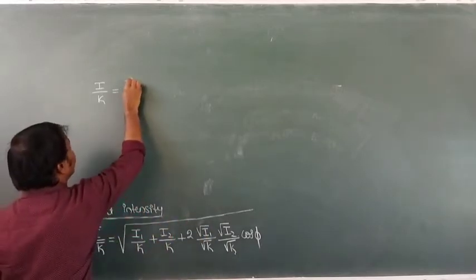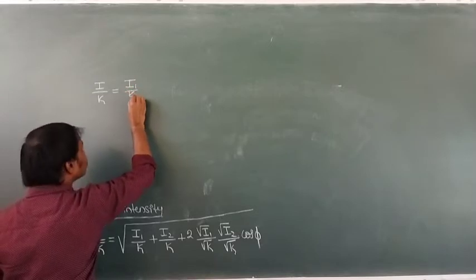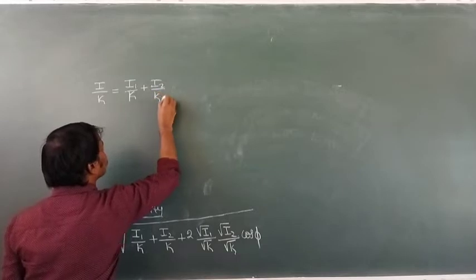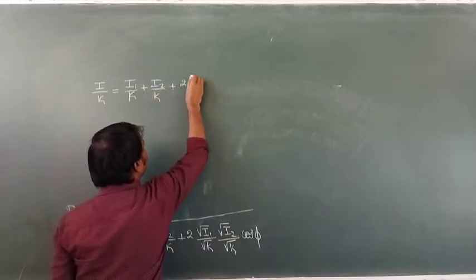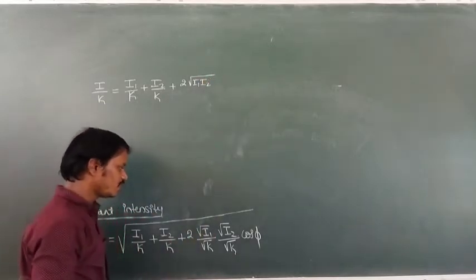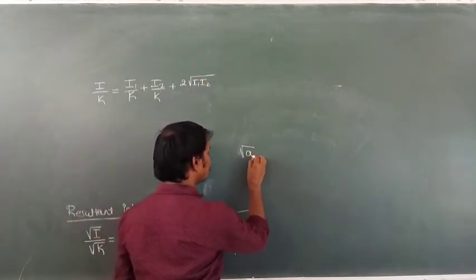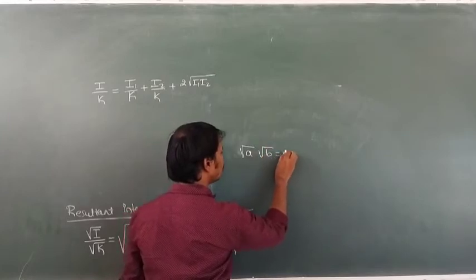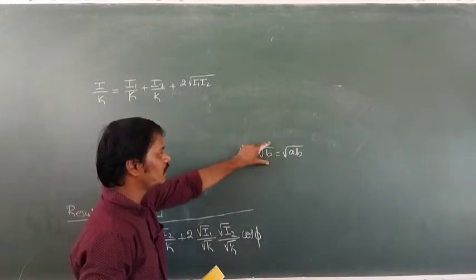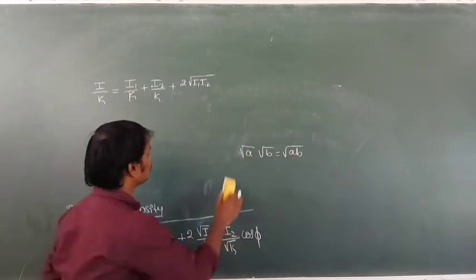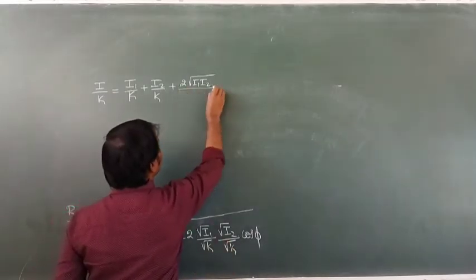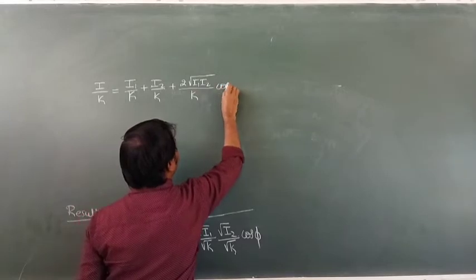Then we can write I1 by k plus I2 by k plus 2 root I1 into I2, because root A into root B can be written as root A into B. Now root I1 into root I2 can be written as root I1 into I2, then divided by root k into root k, that is k, into cos pi.